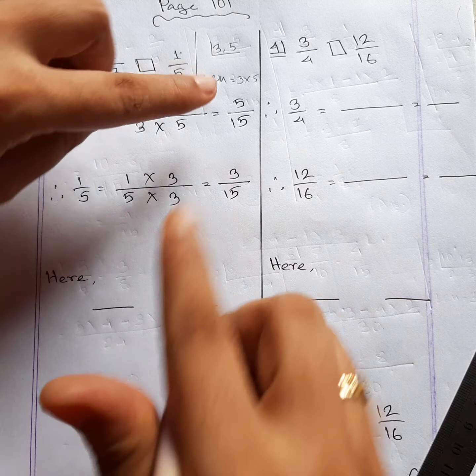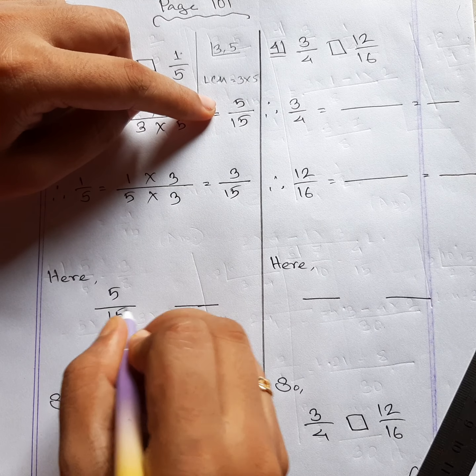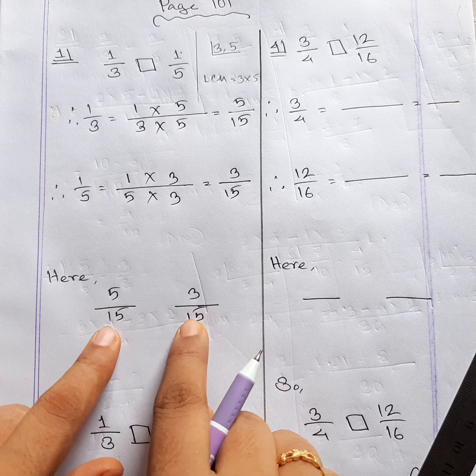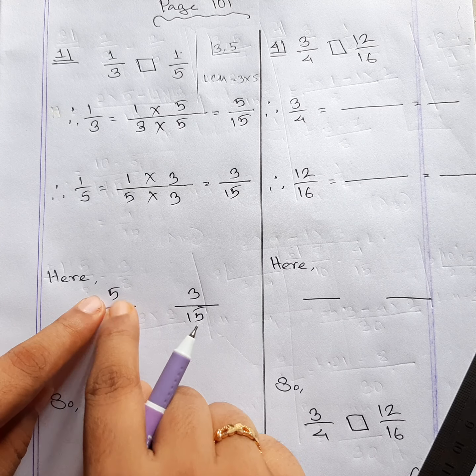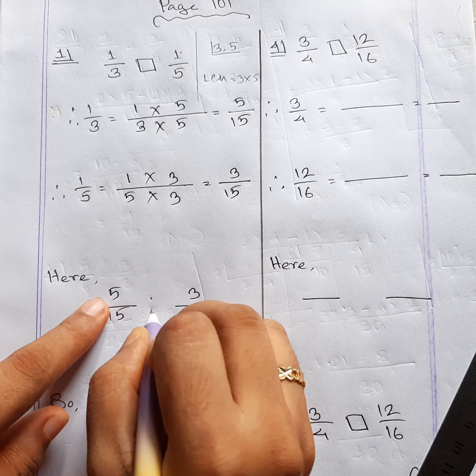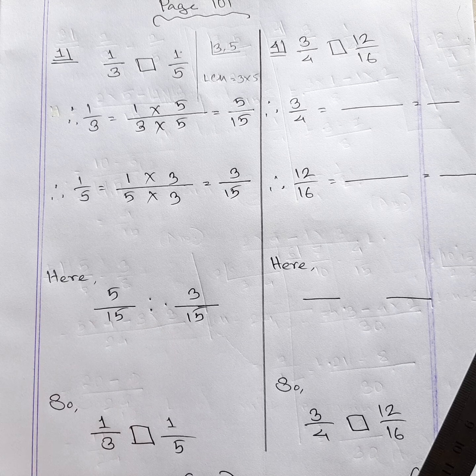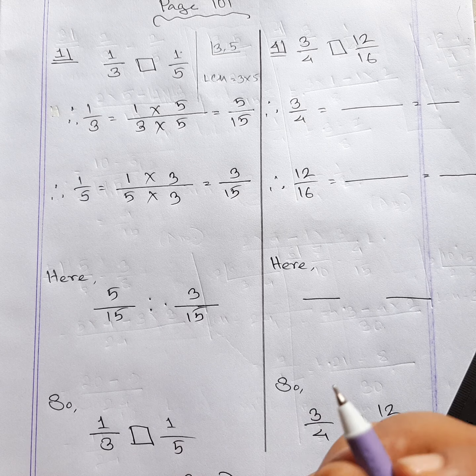You can see that 5 by 15 and 3 by 15, both of the denominators are equal, so this 5 is greater, so we give it 2 points, and 3 is smaller, so I'm going to give it 1 point. Okay, so it's a small trick I have already taught you.